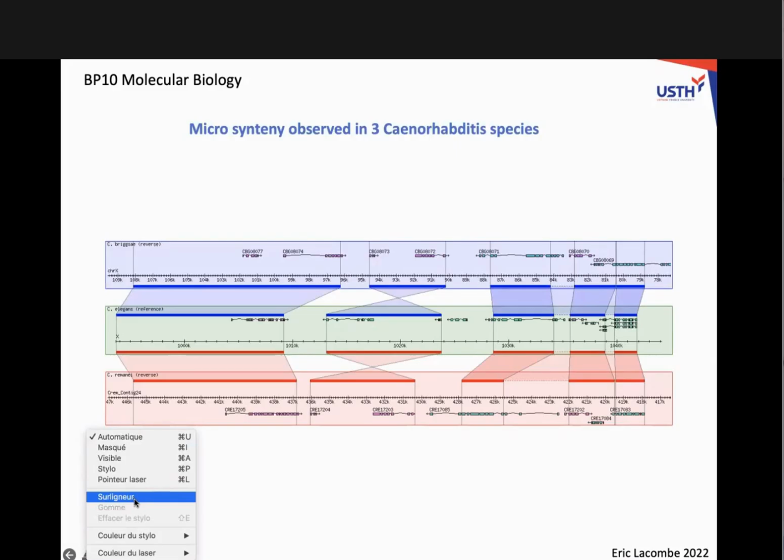This is a public website. You can enter different loci, and you have the comparison of the genomic sequence of different Caenorhabditis species. Here we compare 3. The model one, called reference, is C. elegans. C. elegans is a model organism, completely sequenced.